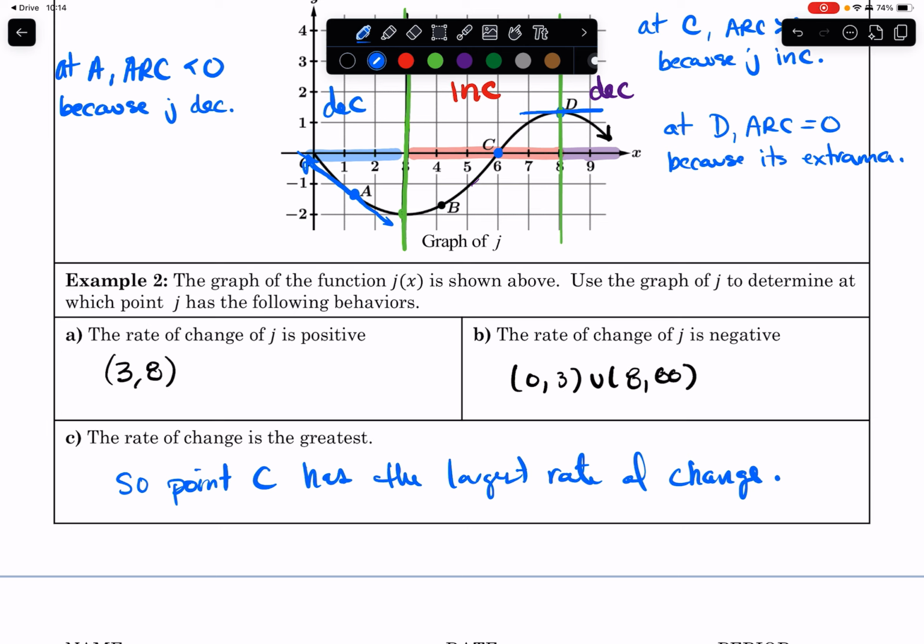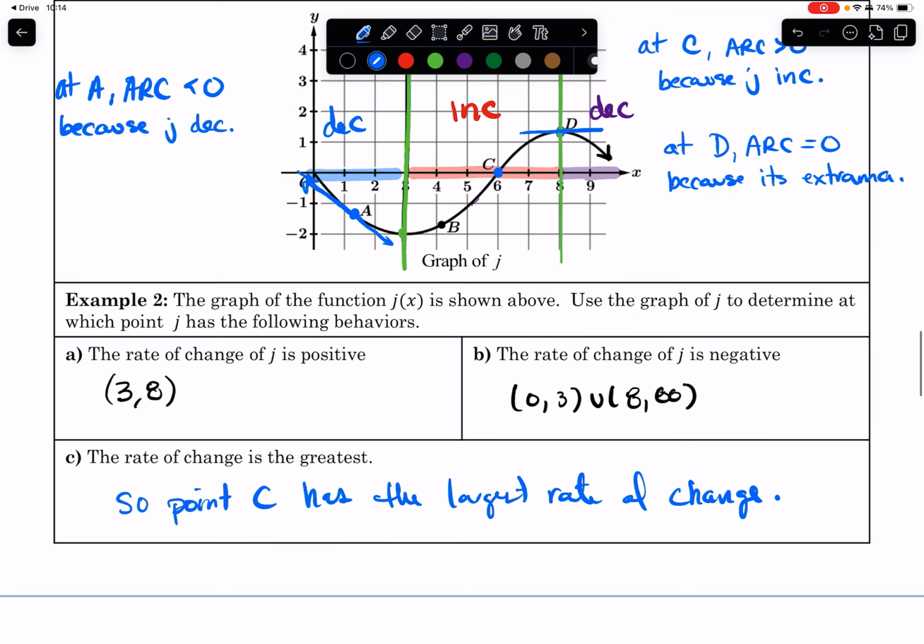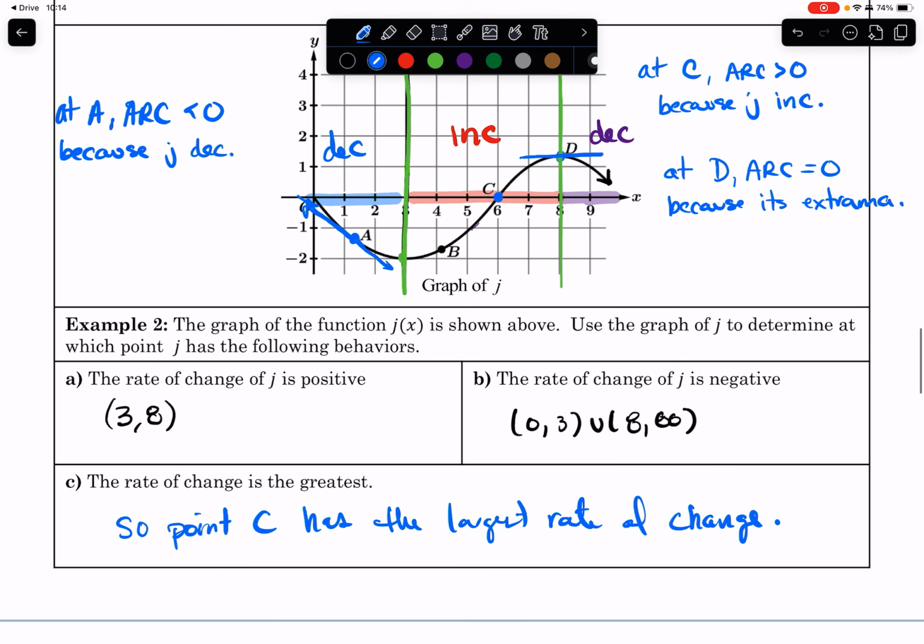Now, if we were going to look at all 3 points and look at this value right here, at point B we would have to consider the concavity. While at point B the graph is increasing, this is also going to have a positive rate of change, and this one is also going to have a positive rate of change. But which number is going to be bigger?